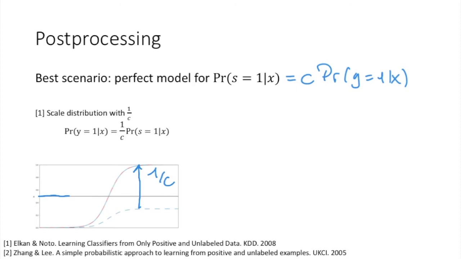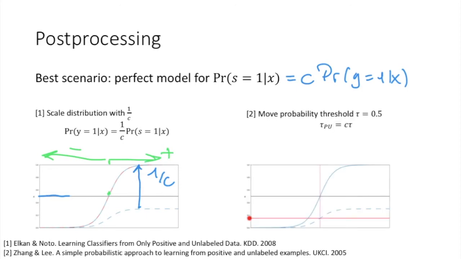You can see that all of the examples above this line, so basically all examples to the right, would be labeled as positive, and all of the examples to the left would be labeled as negative. So a second method for post-processing would be to look for the probability threshold that works with the probability distribution for examples to be labeled. So here too, we would like to have the examples on the right to be labeled as positive and on the left to be labeled as negative.